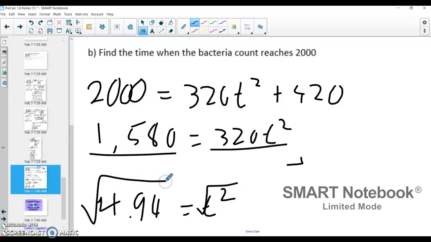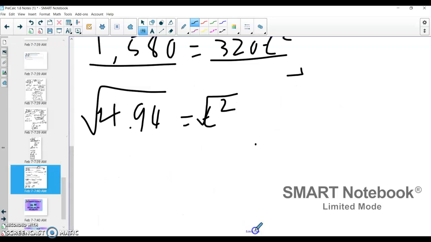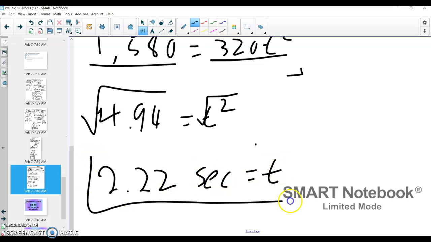Square rooting both sides, the square root of 4.94 gives me 2.22 seconds. So 2.22 seconds is the time it takes to hit 2,000 bacteria.